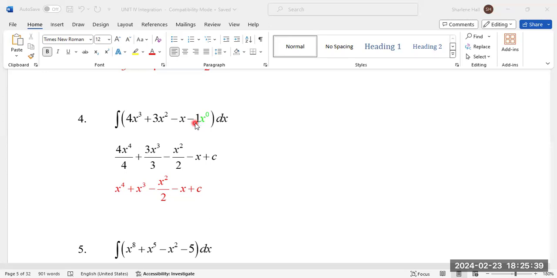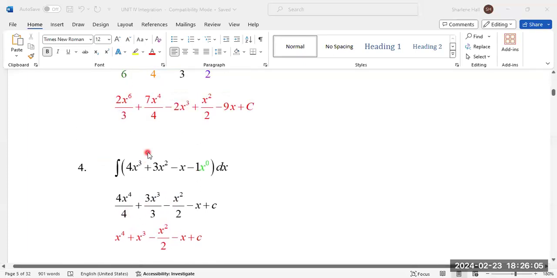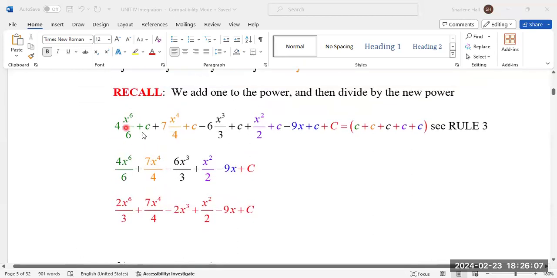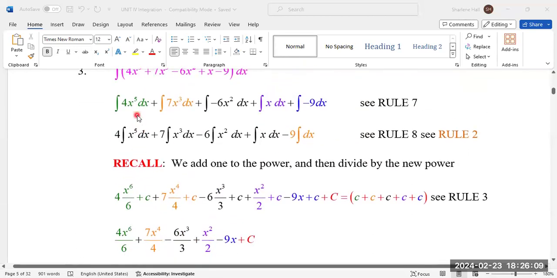So when I add 1 to the power, 0 plus 1 is 1. And anything divided by 1 is going to be the same thing. So I'm going to end up with a negative x. And because I'm integrating an indefinite integral, I have to have my plus c. All we do, integration finished right here. You notice that I'm not going through that long thing that we did last class.